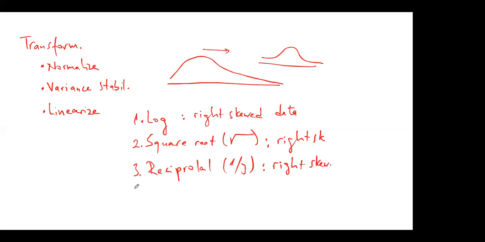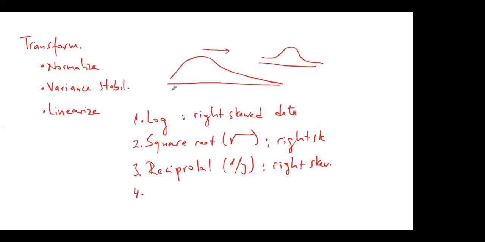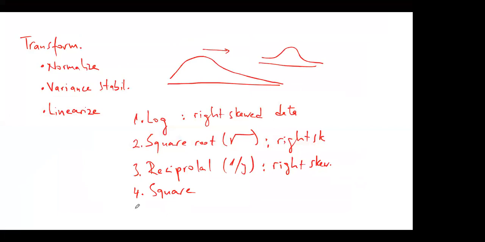The next one is the square transformation. And the last one, number 5, is the logit transformation.